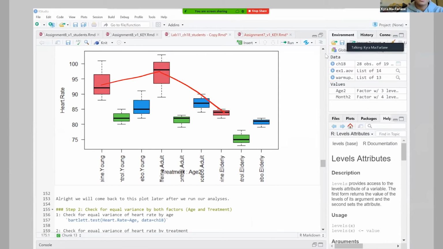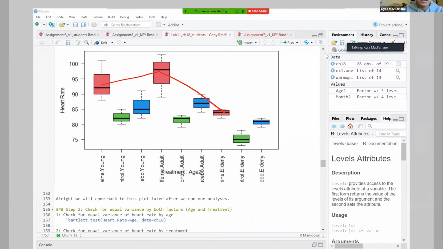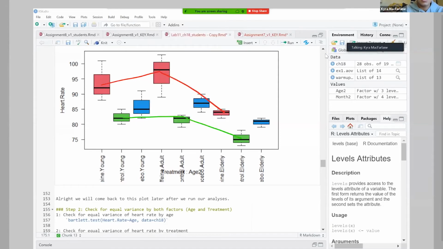So we've got caffeine for young, adult, and elderly. Let's look then at the control. So we've got young to adult to elderly. And then we've got placebo for young to adult to elderly.